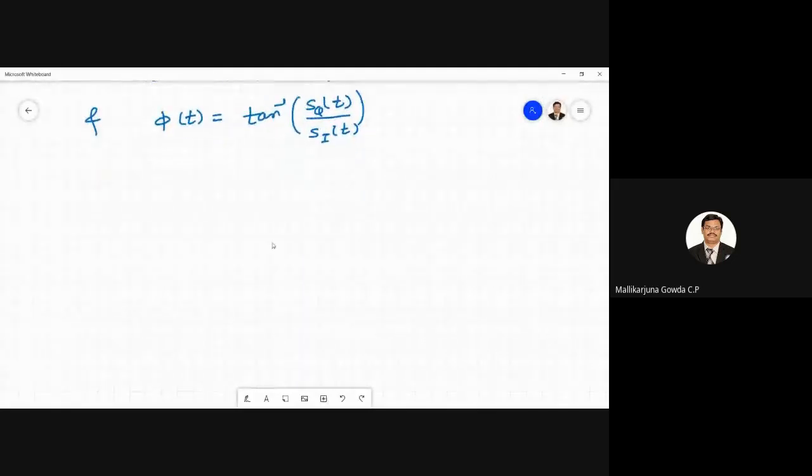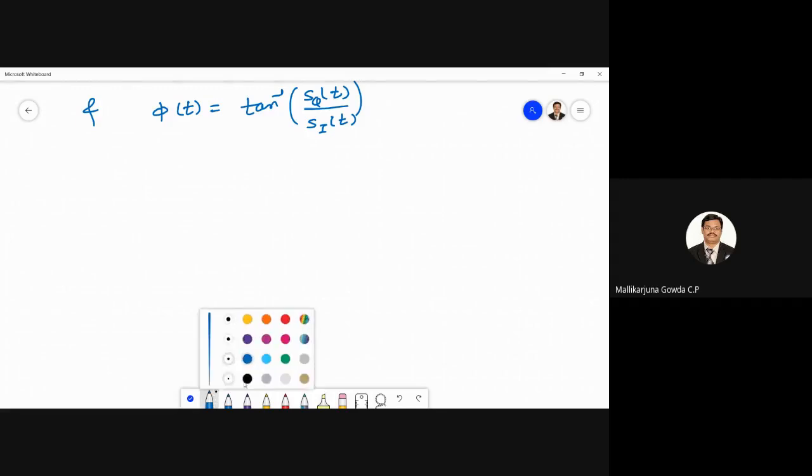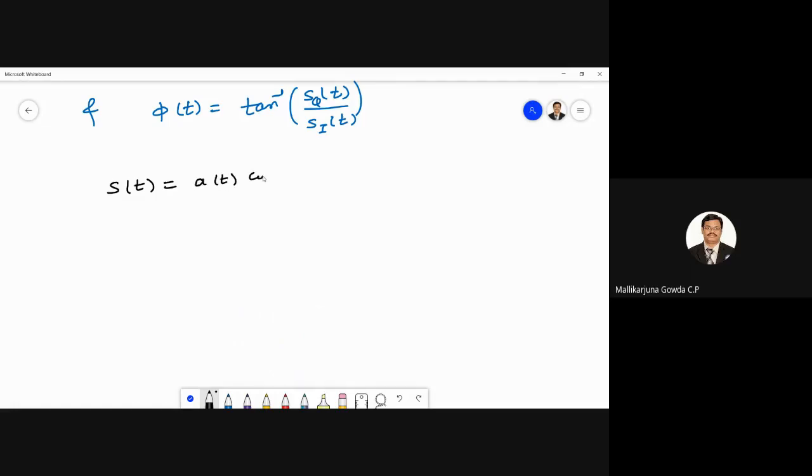Now, I can find out what s_I(t) and s_Q(t) are from equation 4 also. So how do I find s_I(t) and s_Q(t)? Let me write what I said: s(t) will be equal to A(t) cos(2πf_c t + φ(t)).